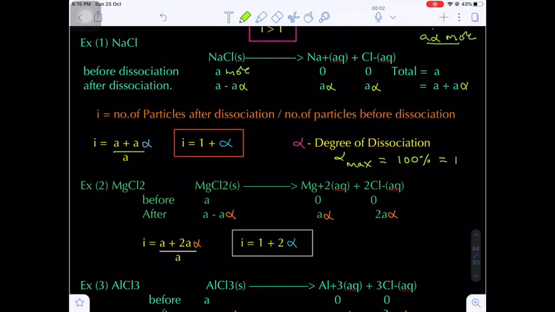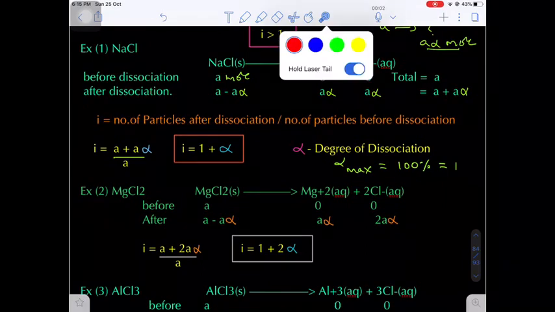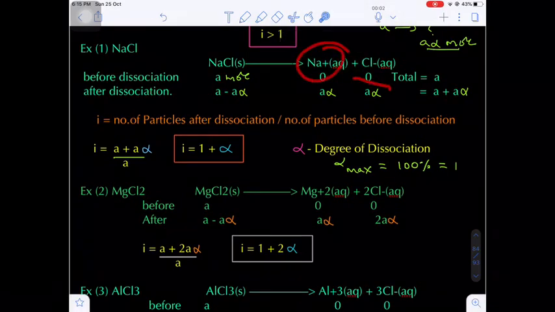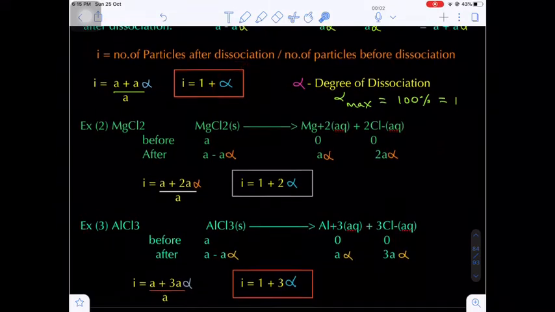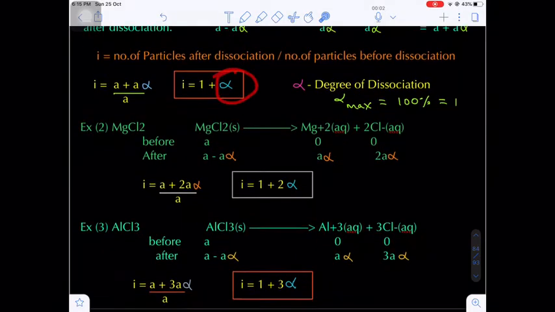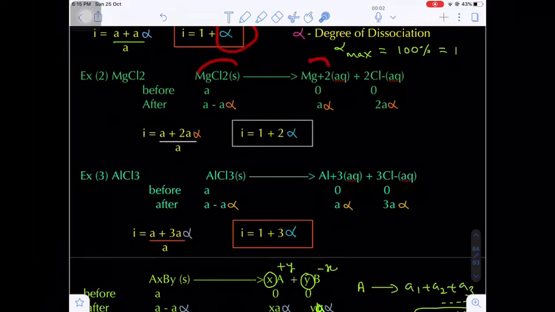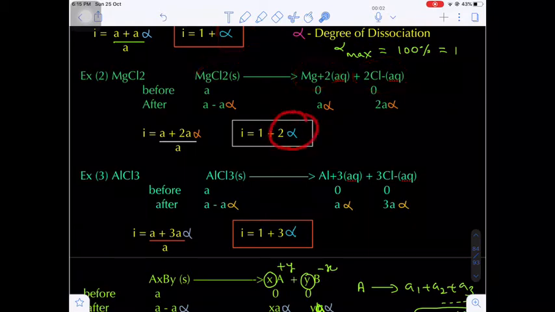Now see how many particles are produced. In the first example, 2 particles are produced, so alpha into (n minus 1) is alpha into (2 minus 1), so 1 into alpha. In the second case, 1 plus 2, 3 particles, so alpha into (3 minus 1), 2 into alpha.